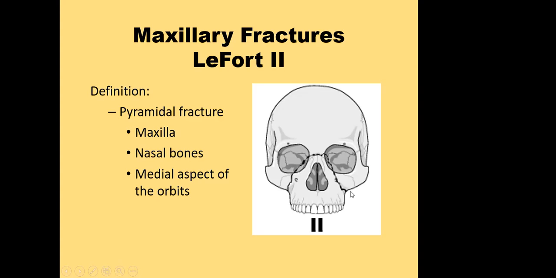This is what we call the mid face. Okay, it's entirely detached. The Lefort 1 detaches the maxilla here. The Lefort 2, the what? The mid face. And it's a pyramidal. You can see the pyramid.